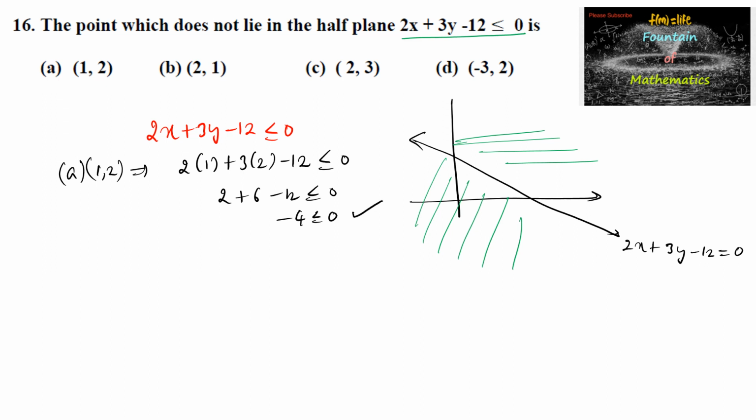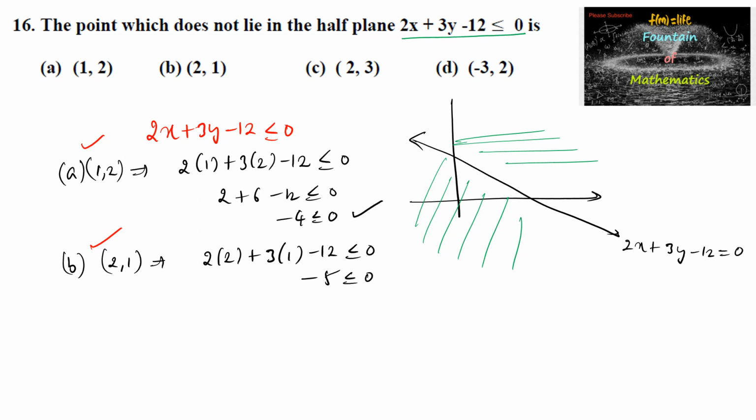So (1, 2) lies in this half plane. For option (2, 1), let us substitute: 2 times 2 plus 3 times 1 minus 12, that is 4 + 3 = 7, 7 - 12 is -5, which is less than or equal to 0. So this point is also satisfying.